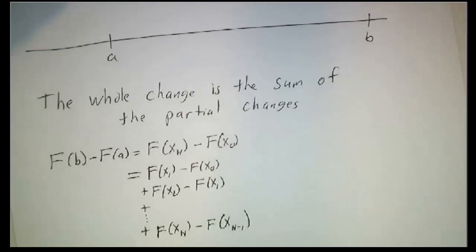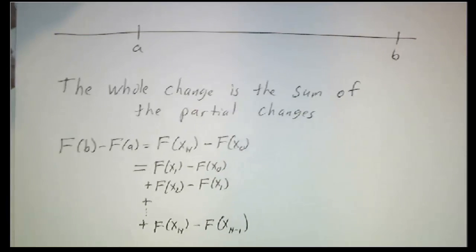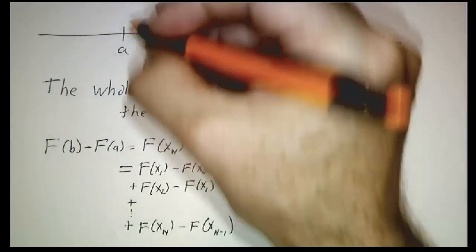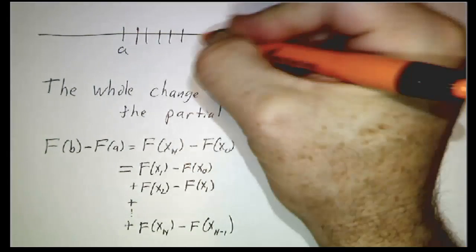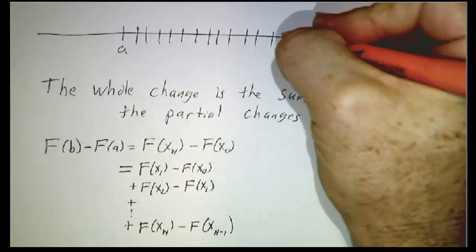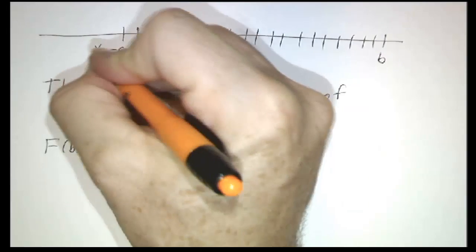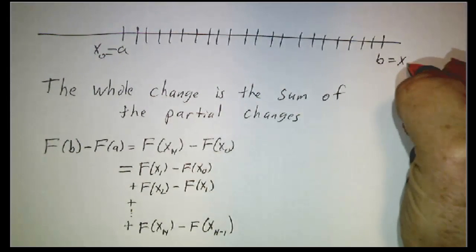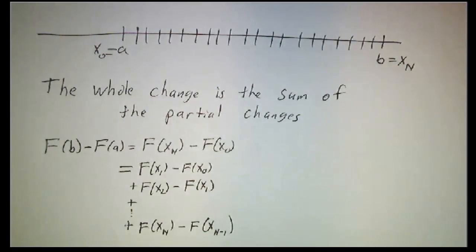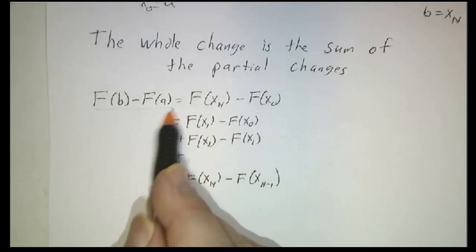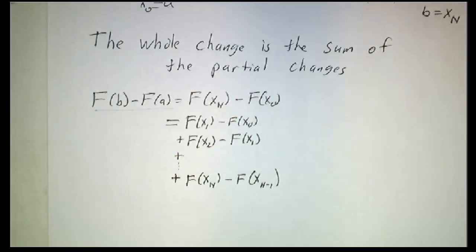So why does it work? Well, the idea is that the whole change is the sum of the little changes. So let's take the interval from little a to b and break it up into a whole bunch of pieces. We call the first point x sub 0 and the last point x sub capital N. We want to figure out how much big F changes from here to here.